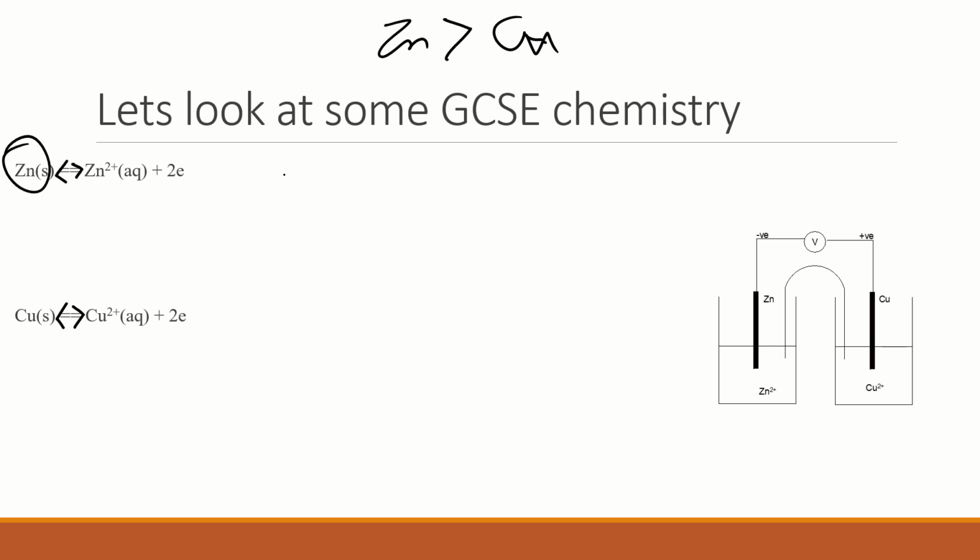So if I was to write this equilibrium, then I would suggest that that one lies much more to the right hand side, whereas the copper one would lie much further to the left hand side.